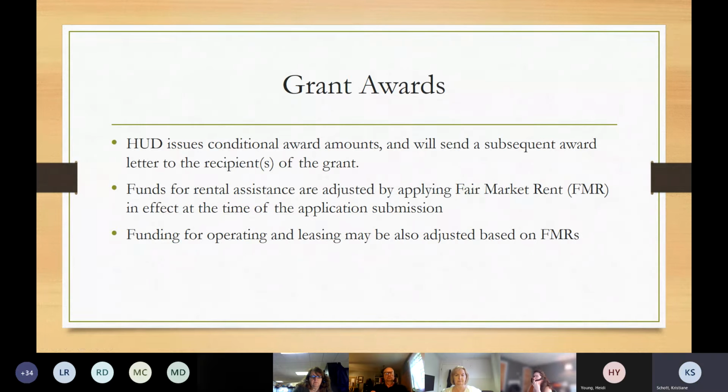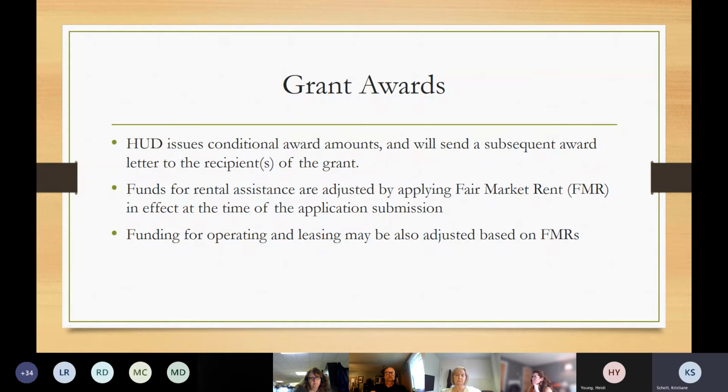So once the Balance of State Continuum of Care and the Bureau of Housing Supports receives final approval and we submit everything to HUD for the NOFA, HUD will issue conditional award amounts and will send a subsequent award letter to the recipient of the grant, which is the Bureau of Housing Supports. Any funds for projects that receive rental assistance or leasing assistance, once they're awarded by HUD, are adjusted by what the current fair market rent is.